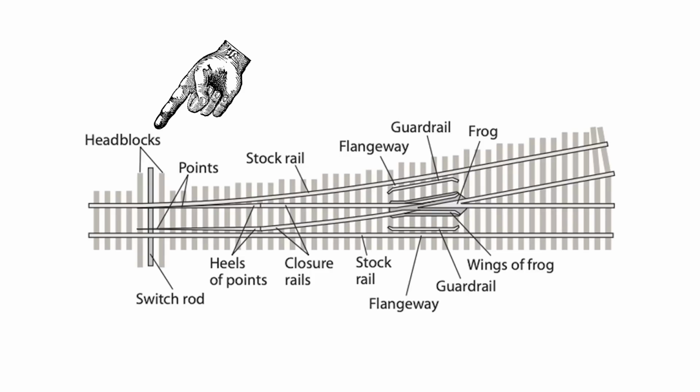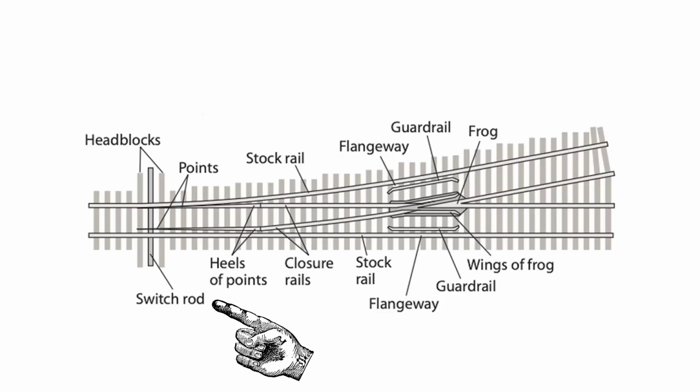There's two ties here that are very long so that you can mount the mechanism that will throw the switch. Between the head blocks is a rod that connects the points together and actually throws the points from side to side. The switch rod, these come in a lot of different flavors.